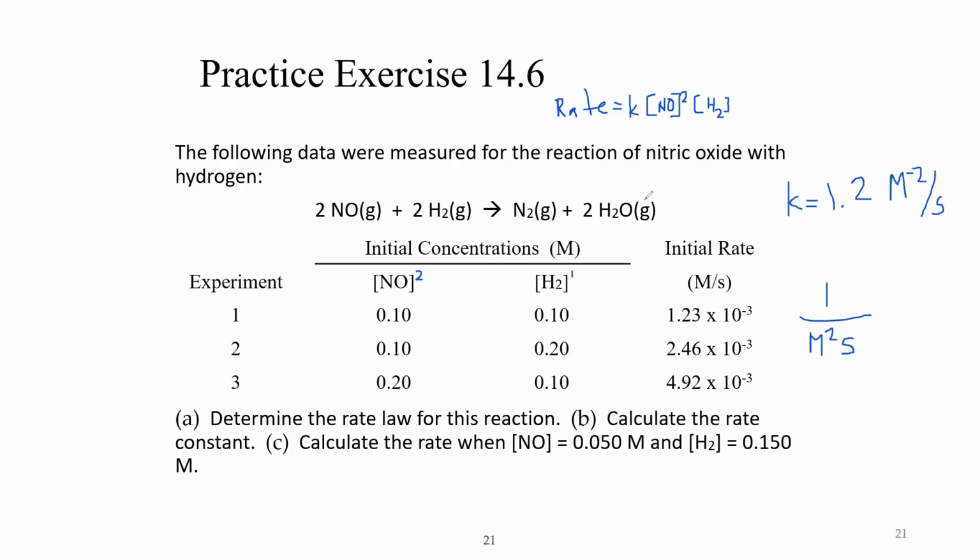The reason this gives us molar per second is because this is the unit on K. Nitric oxide is squared, so we've really got molarity squared. And then with the molarity of the other reactant, just first order, the molarity squared cancels. 1 doesn't really affect anything, so we just wind up with molar per second.